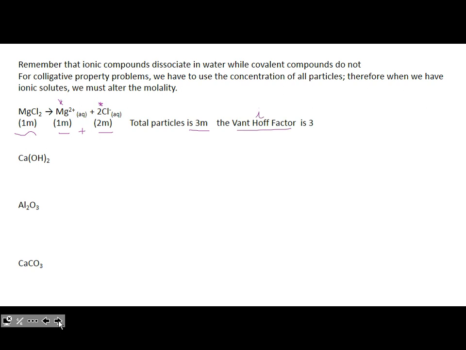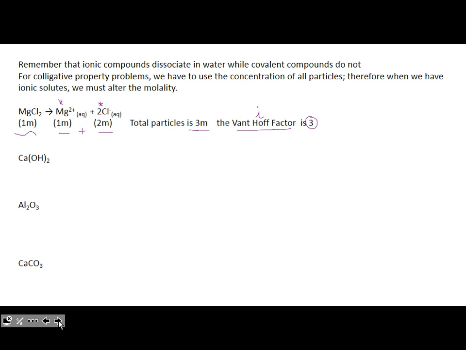It's abbreviated with an i. And for magnesium chloride, the Van't Hoff factor is 3. This is the number that we multiply the molality by before we put it into our freezing point depression or boiling point elevation calculation.